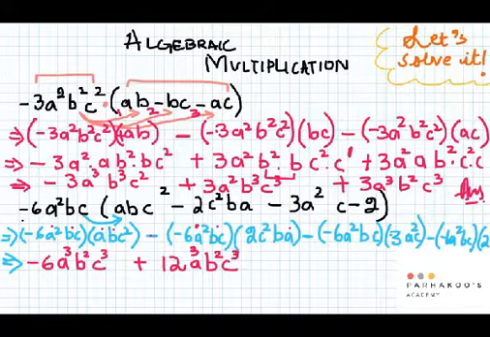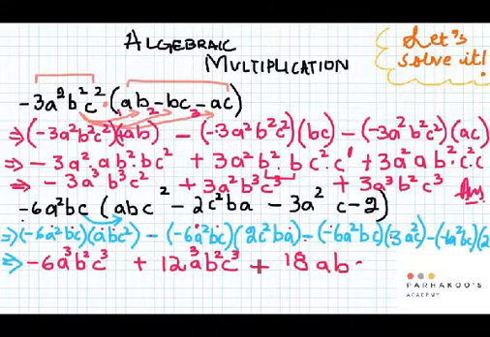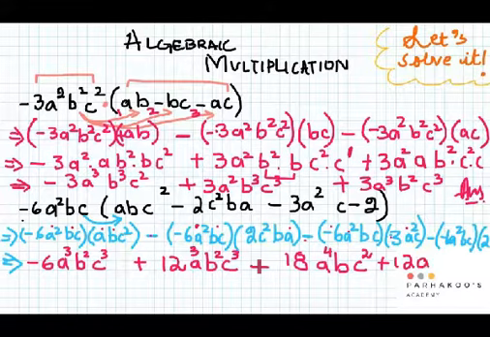Minus minus plus, 6 into 3 is 18. Again, we have three variables. There are 4 a's, 1 b, and 2 c's. Minus minus is plus. 6 into 2 is 12, a squared bc.